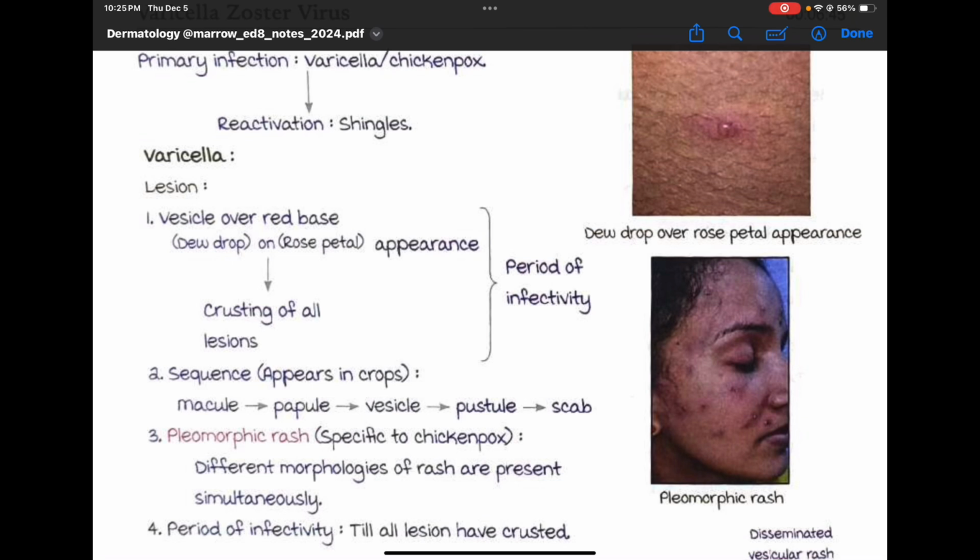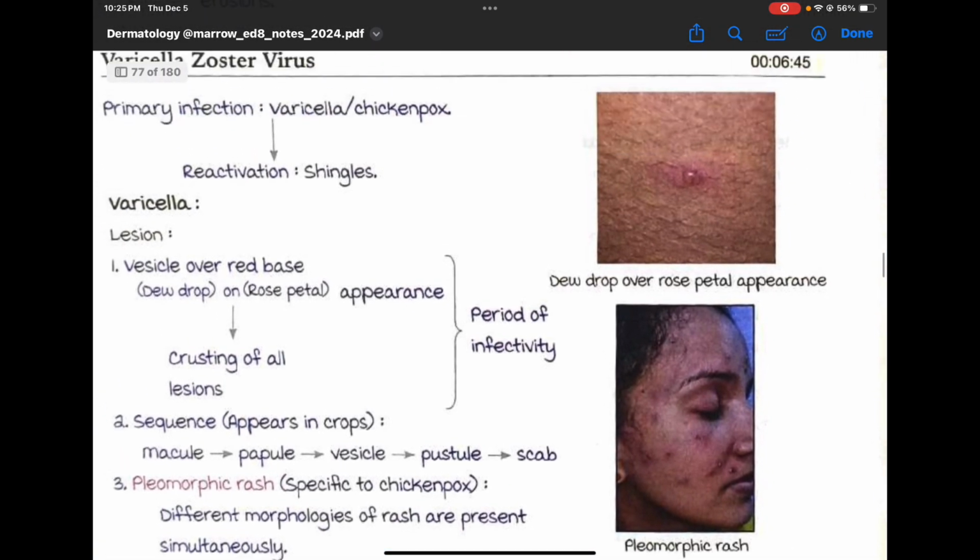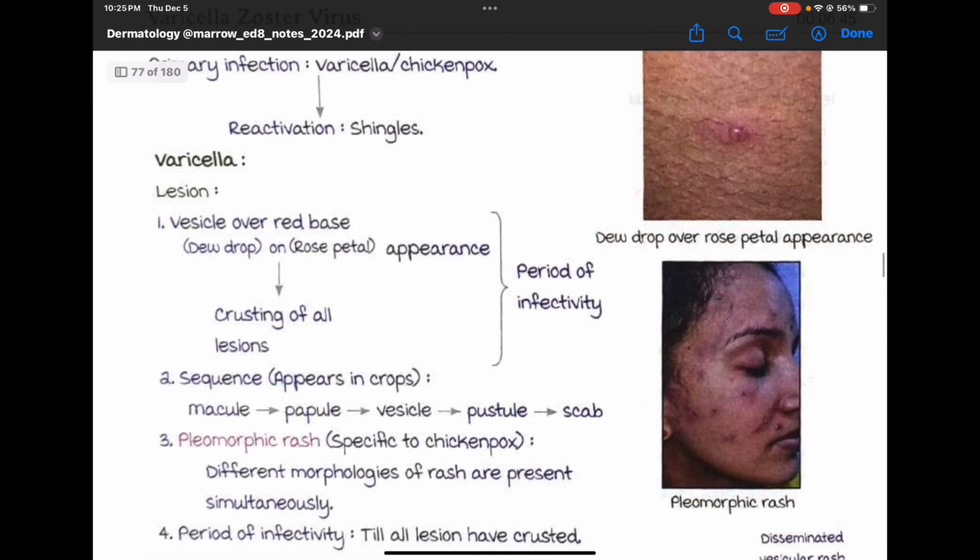There was an outbreak of varicella recently. All the people coming in with this kind of lesions, and then you have to check if they are pleomorphic. That is, the vesicles should be at different stages. Like at one point it's fresh, then at other point they are already scabbed.